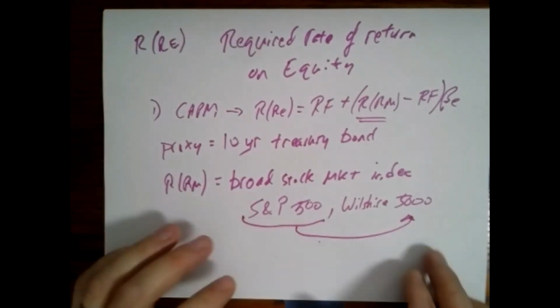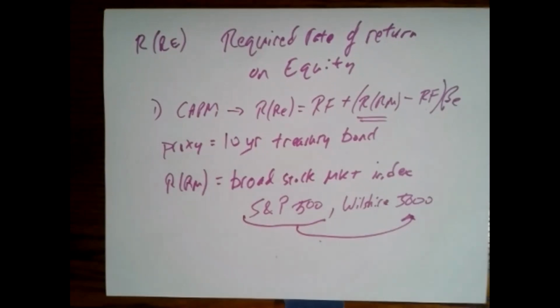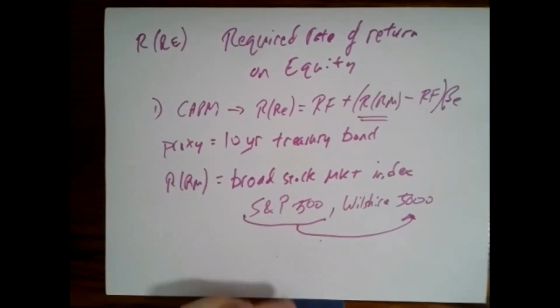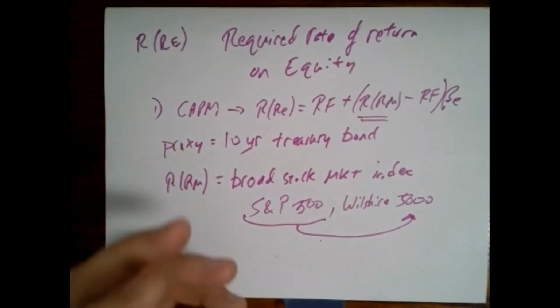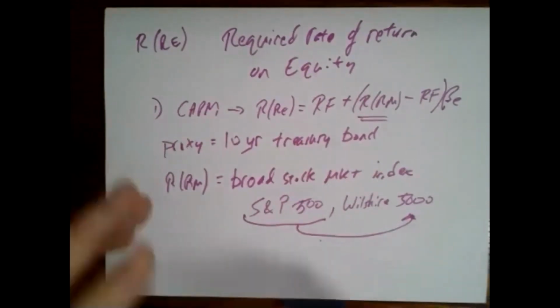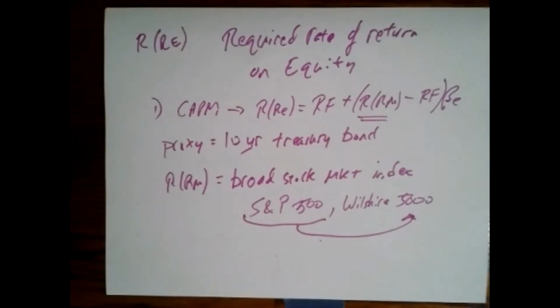It's the 500 biggest that are included in the 5,000, but the Wilshire 5000 also includes the Russell 2000, which is the 2,000 smallest stocks, and then there are some mid-cap, meaning mid-sized, indexes as well that you can play. If you're an investor, you can kind of play the two against each other.